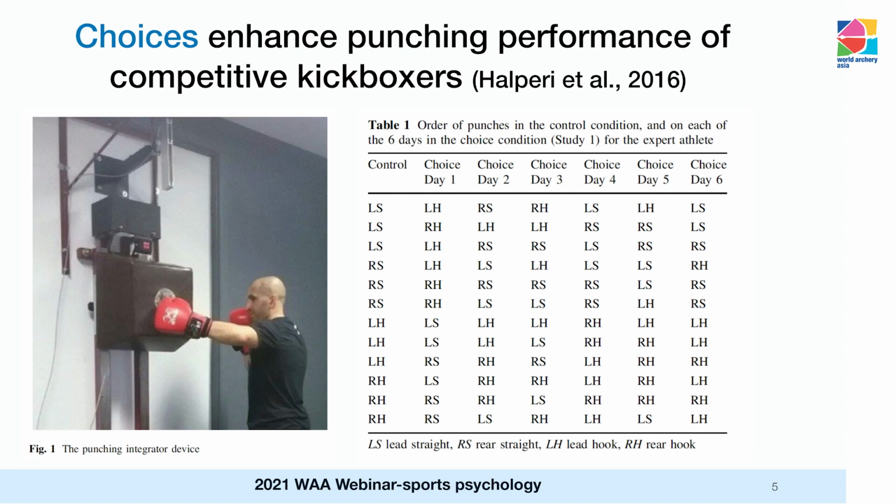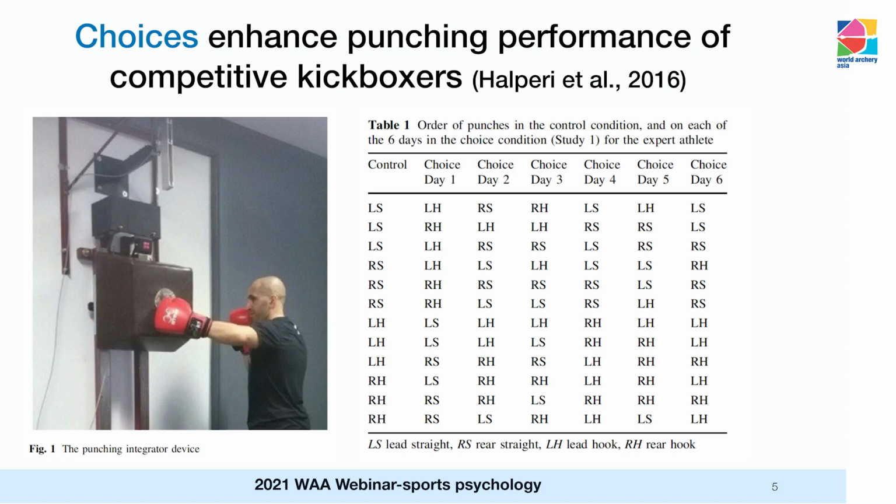In the first one, that is the control condition, he has to perform the punches in a predetermined order, which is lead straight, rear straight, lead hook, and rear hook.